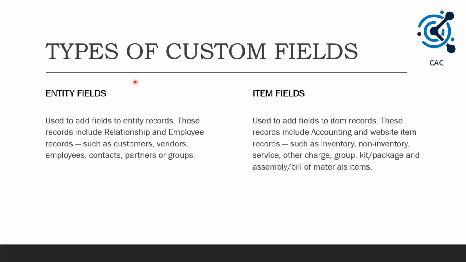Item fields apply to records including accounting and website item records, such as inventory, non-inventory, service items, other charge, group, kit and package items, and also assembly/bill of material items. So item fields are fields that apply to items.